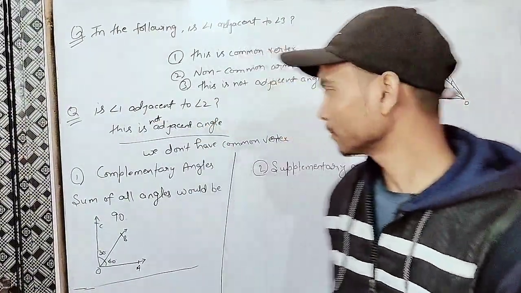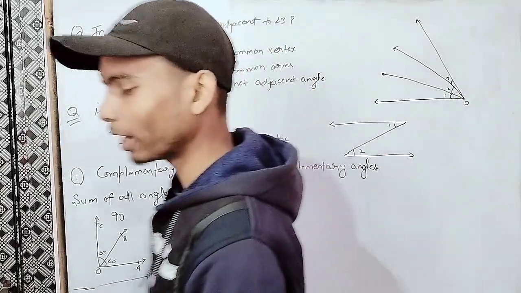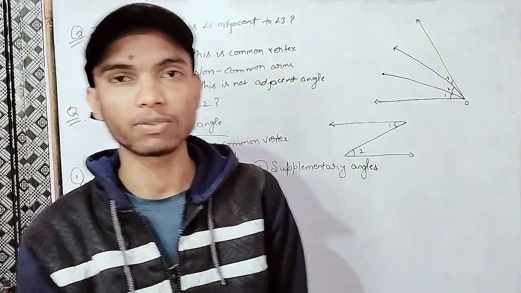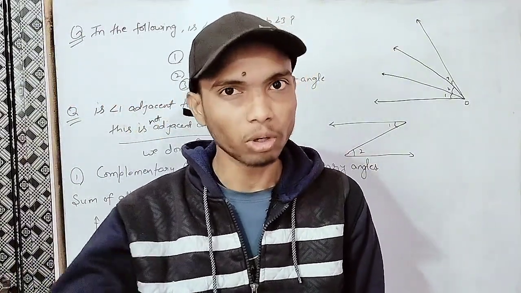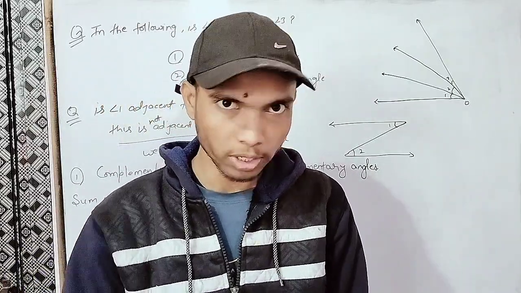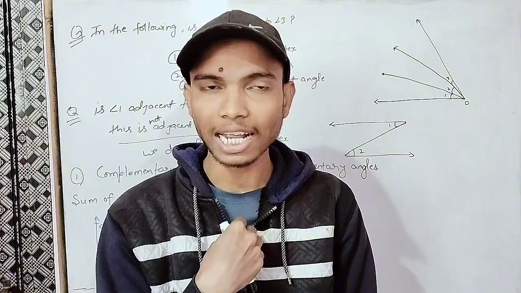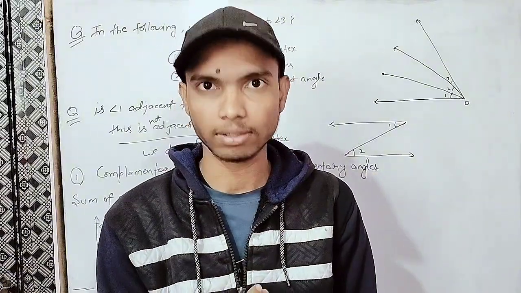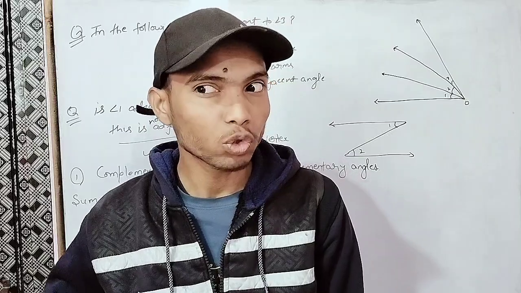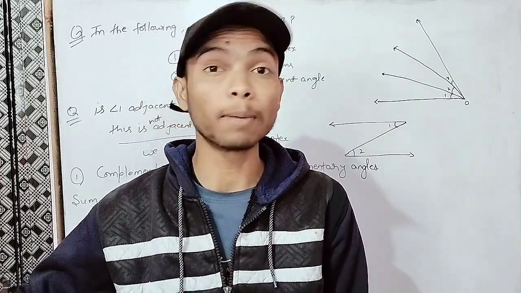Whatever angles you have, I'm not saying angle, I'm saying angles, which means two or more, not only one. In the case of a supplementary angle, the sum of my angles is 180 degree.